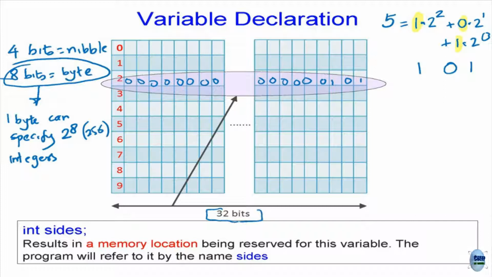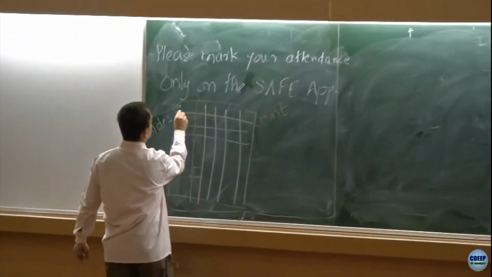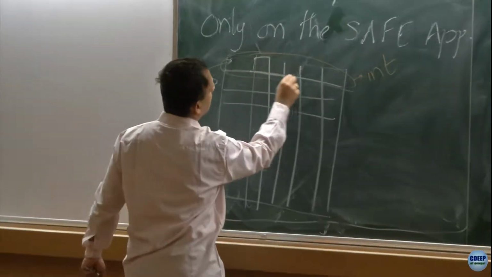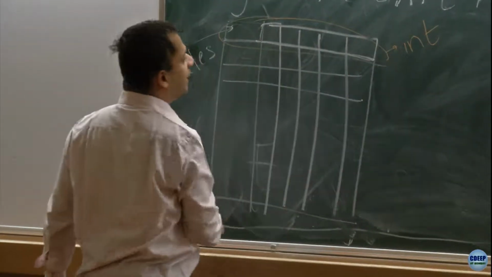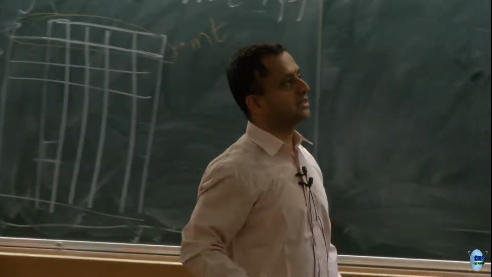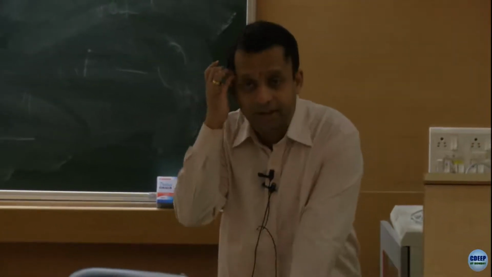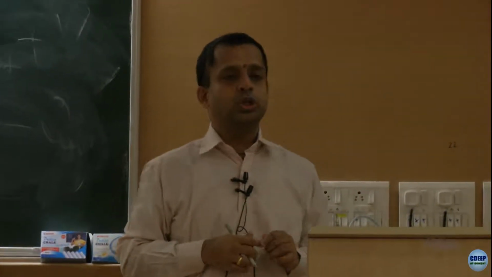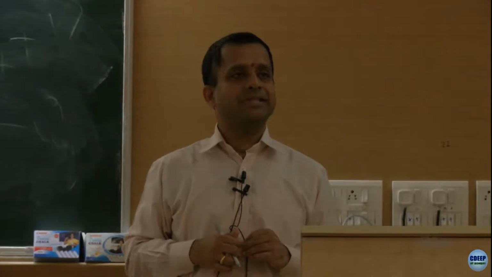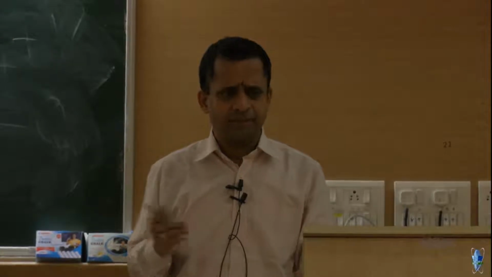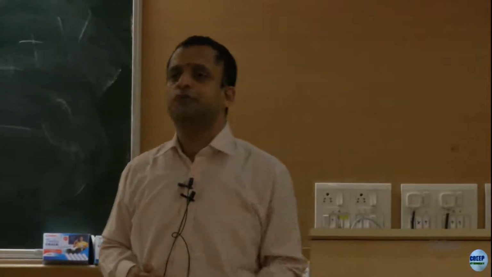Now, as for a row itself, the row of this memory, how is it represented? Each row is a sequence of bits, 0, 1 bits. So, for example, if I ask you to represent 5 sides, pentagon, was it a pentagon that we drew in the last class? So 5 sides.